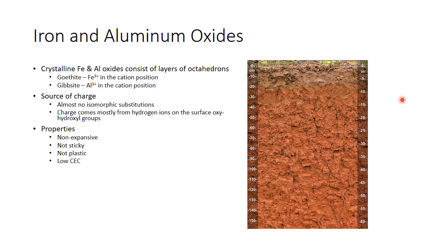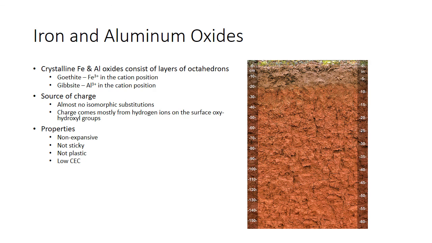Some properties with these types of colloids: they are non-expansive, they're not sticky, and they're not plastic, and generally they have a low CEC. So if you remember back to Unit 1, we talked about subsurface diagnostic horizons. If we have a Bt horizon, generally that Bt horizon is either an argillic horizon, or if it has a really low CEC, we call it a kandic horizon.